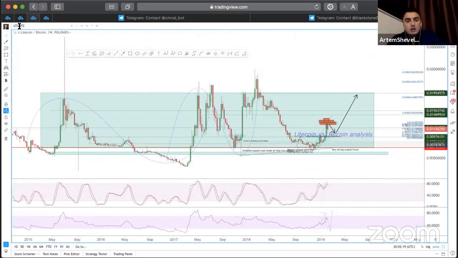That's why I'm not analyzing altcoins with USD, because it's useless. If you try to analyze altcoins versus USD, the Bitcoin price action will ruin your analysis, because everything is correlated with Bitcoin like 99%.